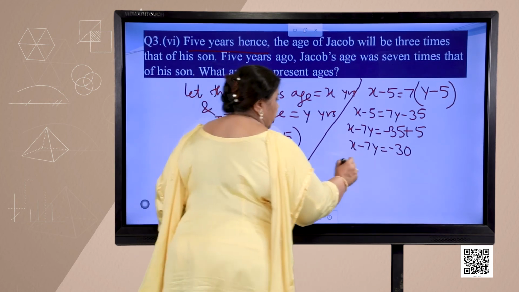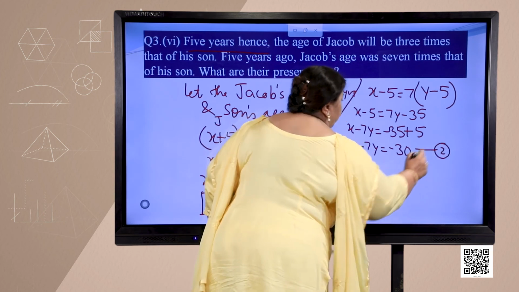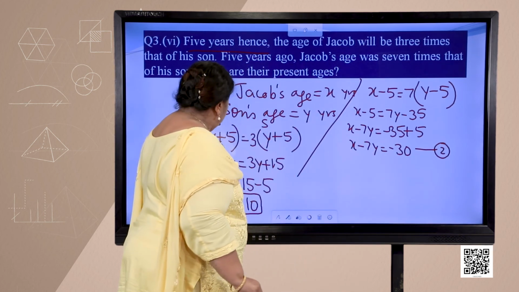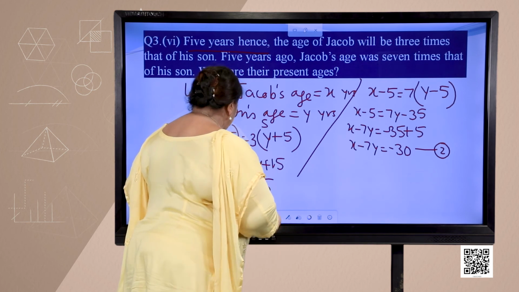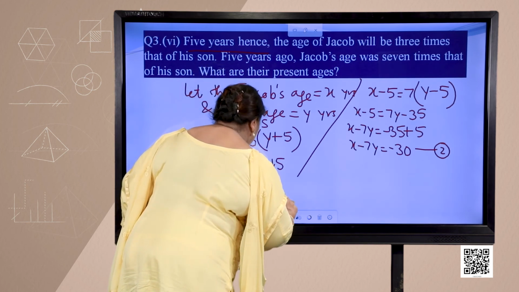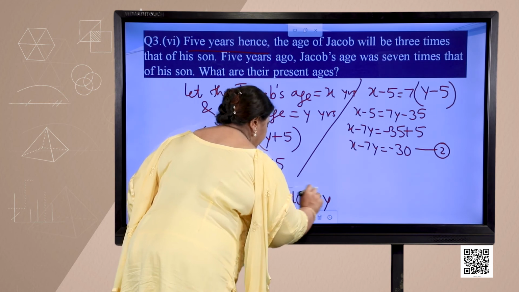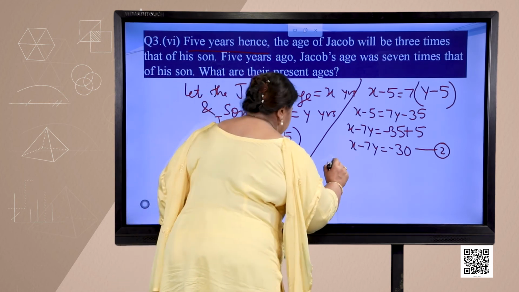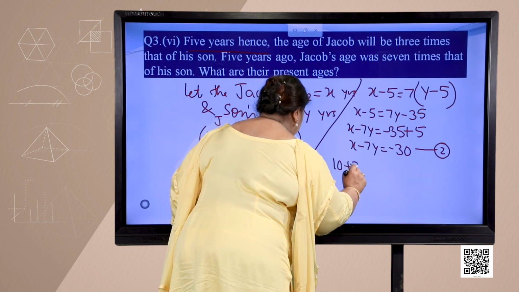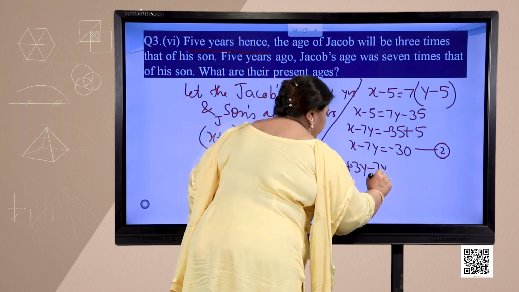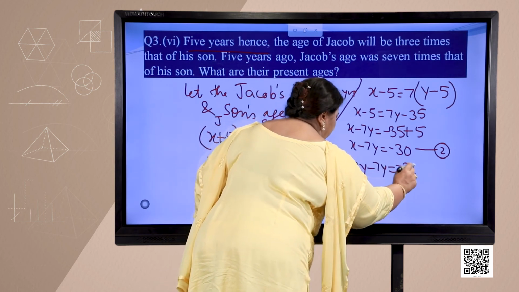These are the two equations we have got. Now, if I substitute the value of x from this equation, x is equal to 10 plus 3y, on substituting this, 10 plus 3y minus 7y is equal to minus 30.